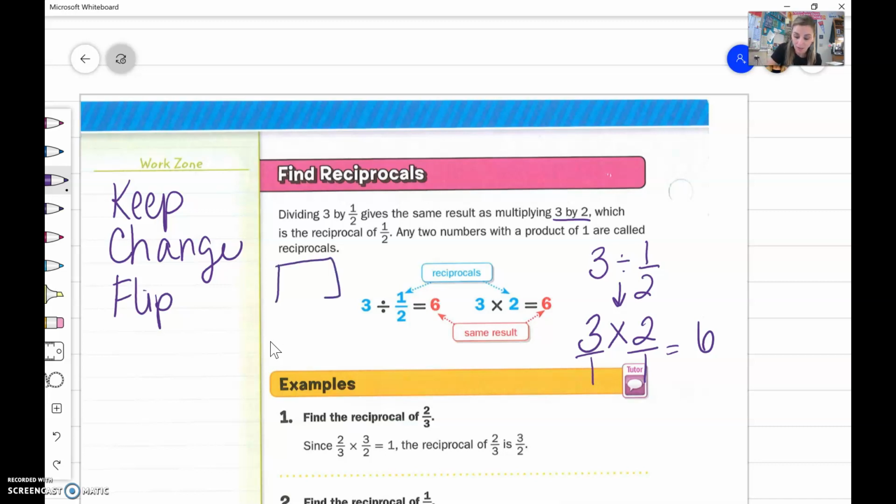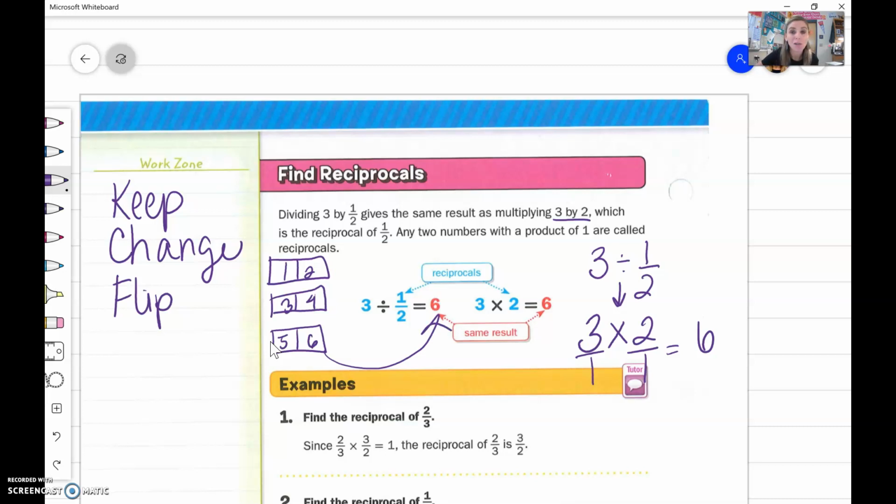Let's try to understand this. I'm taking 3 wholes. Let me make some more room here. I want you to do this too. I'm taking 3 wholes because I want you to visually understand, and I'm dividing them into halves. So 3 wholes, divided into halves. How many pieces do I have? 1, 2, 3, 4, 5, 6.